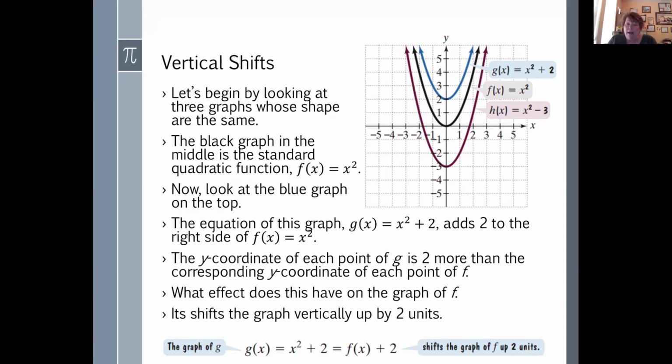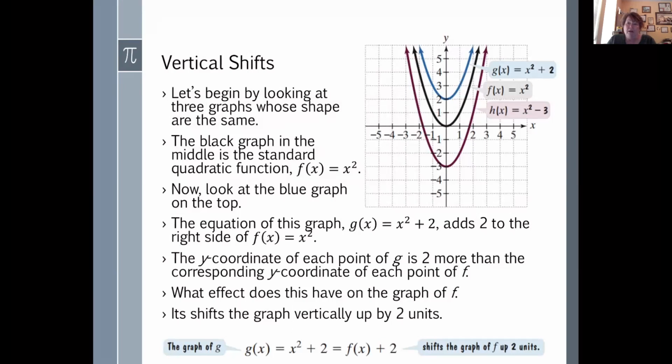So each y-coordinate of each point of g is 2 more than the corresponding y-coordinate of each point of f, because you take the output of f and you add 2 to it. So each y-coordinate, you're going to add 2 to it to get g of x. What effect does this have on the graph of f? Well, it shifts the graph vertically up by 2 units.